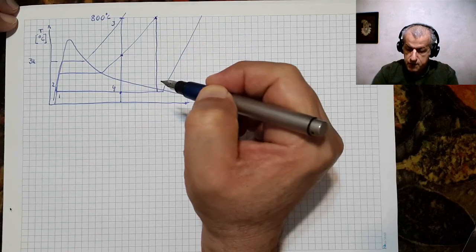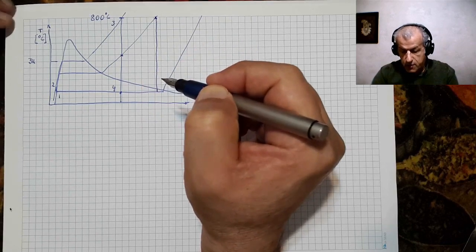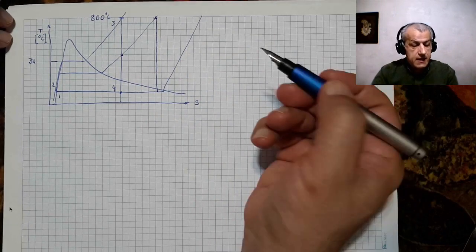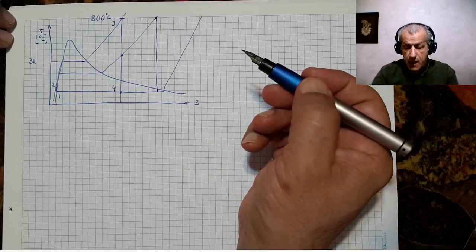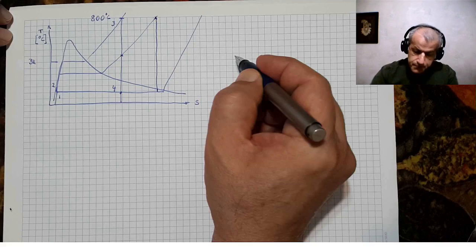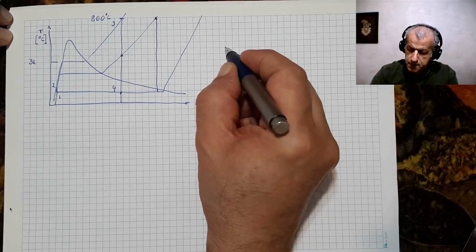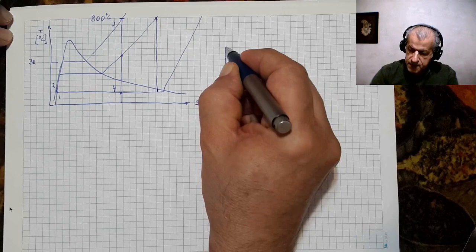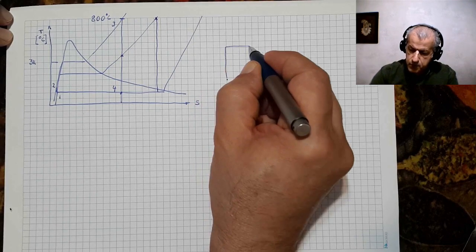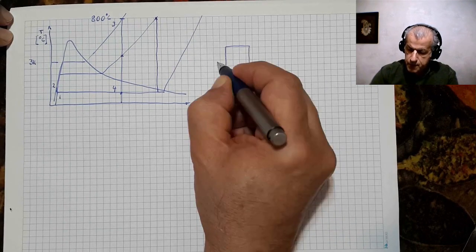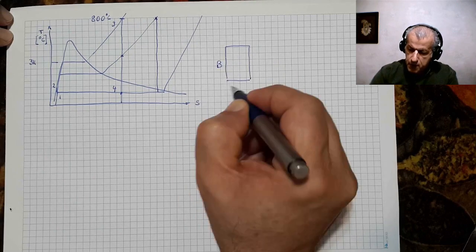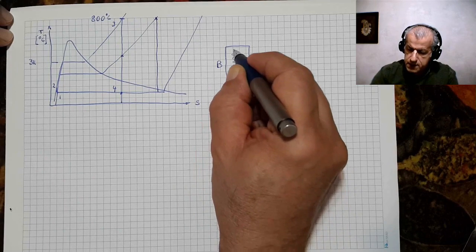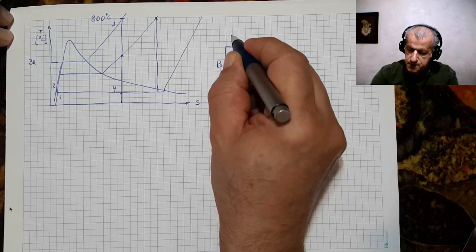So, in fact, our problem would look like this in a real diagram. If this is our boiler, the flow out of the pump would come to the boiler, heat, and get out.